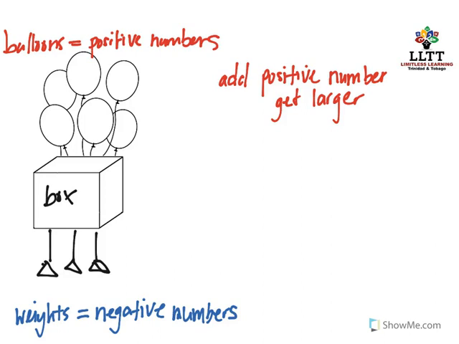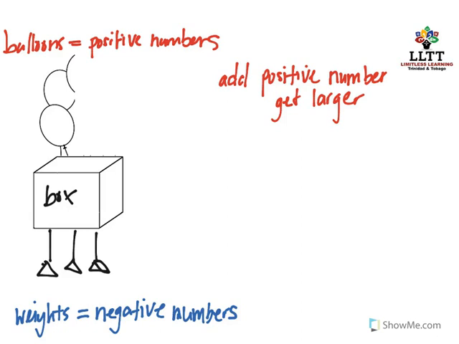What if you take away balloons? If you take away balloons from your mix, like now we only have 2 balloons, it means that our box is going to get pulled downwards. If our box gets pulled downwards, it means that we're getting smaller.